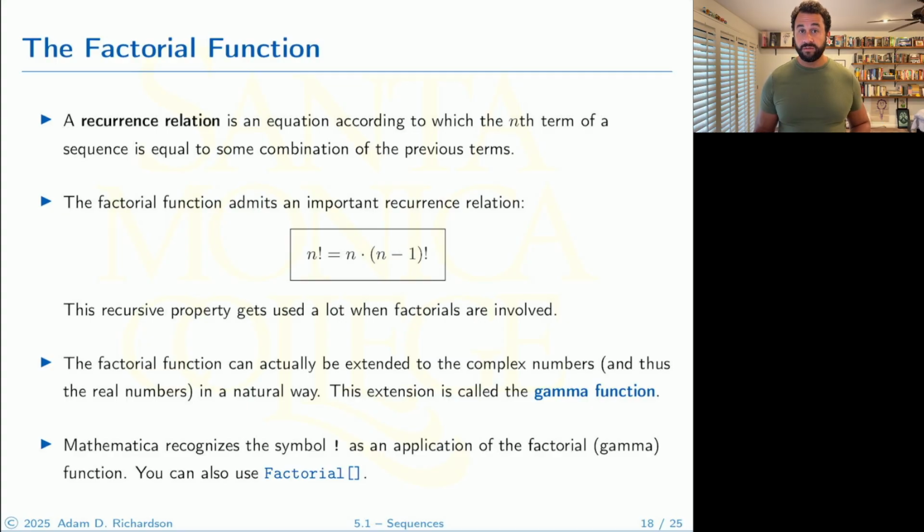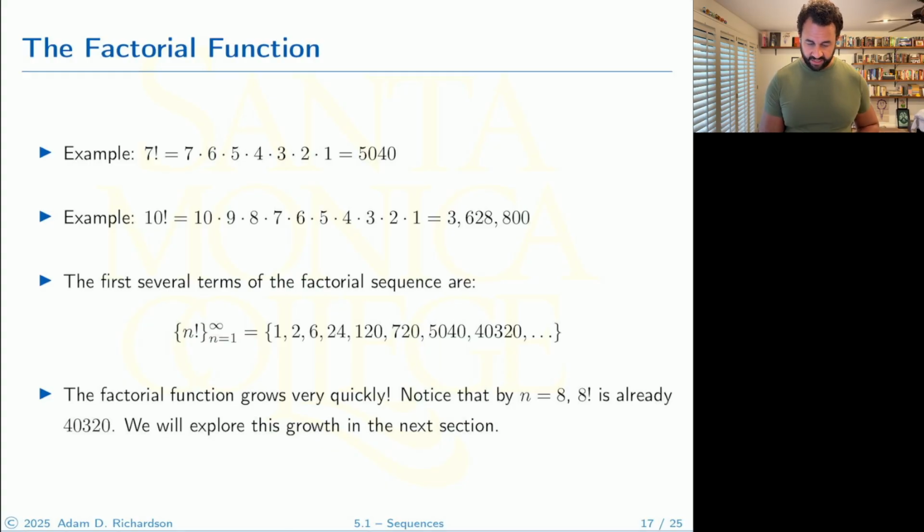So for the factorial function, it has a really, really nice recurrence relation, and it's this right here. N factorial is equal to n times n minus 1 factorial. And this actually gets used a lot when factorials are involved because it lets you simplify things. Let me go back a slide for a second. Let's take a look at 7 factorial again.